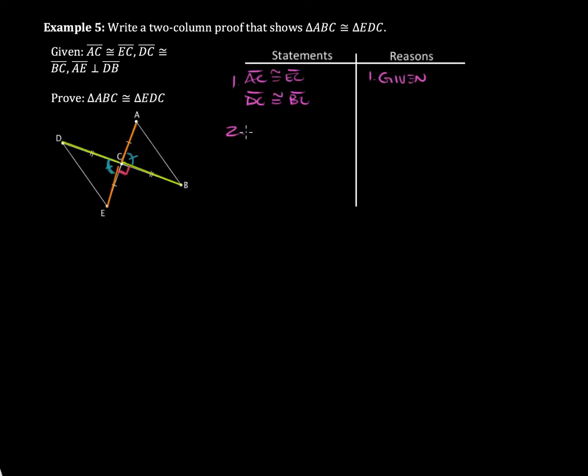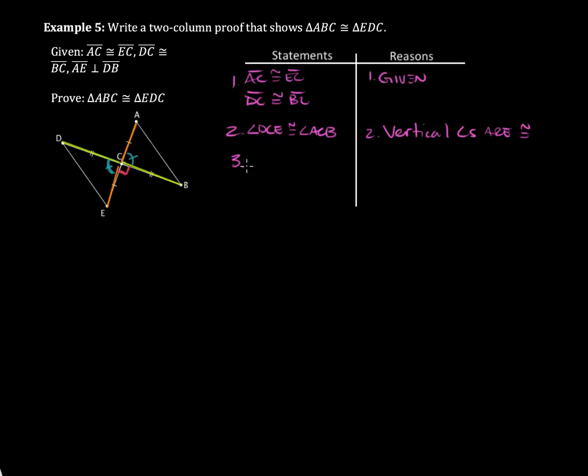Then we're going to say that this angle right here, I can't call it angle C because there's too many angles with C as the vertex, so I have to use its longer name, angle DCE, is congruent to this one over here, angle ACB. And why are they congruent? Because vertical angles are congruent.